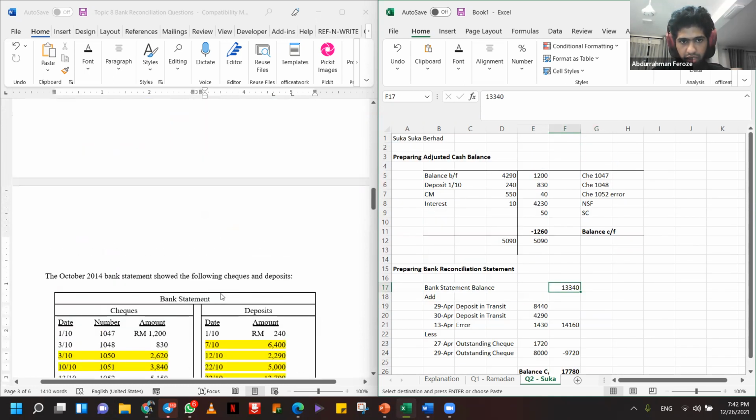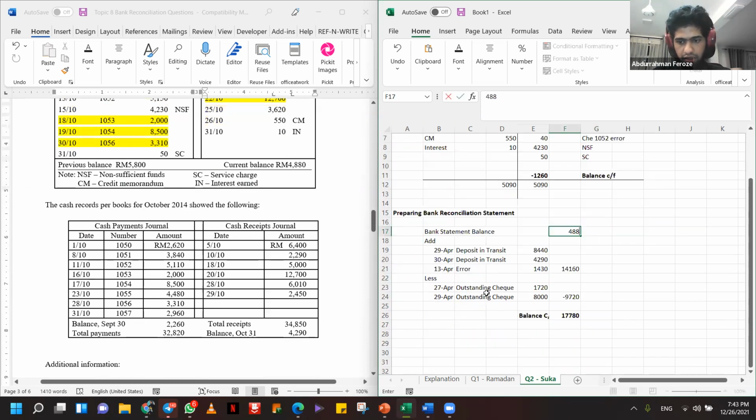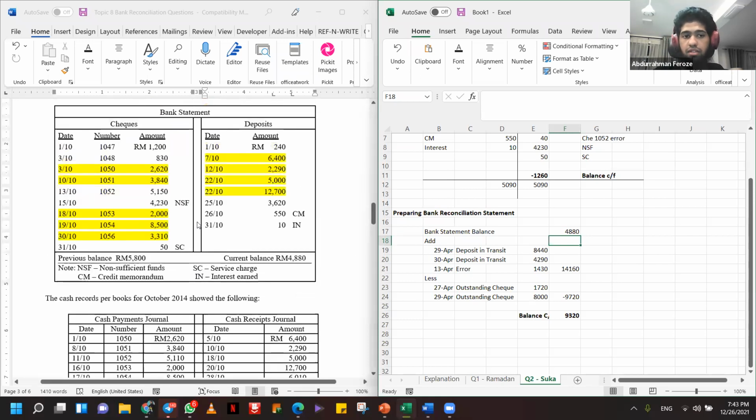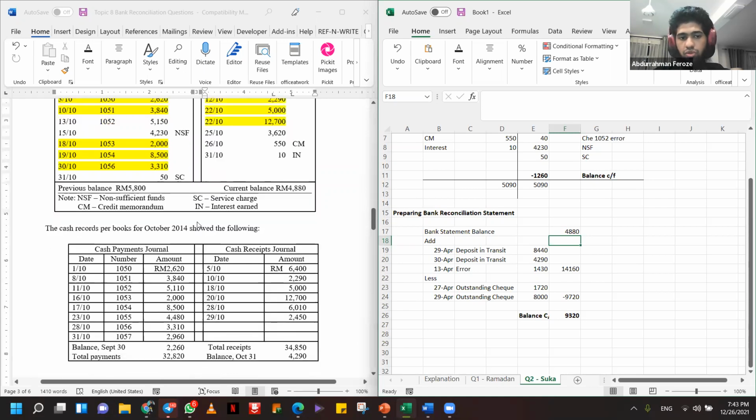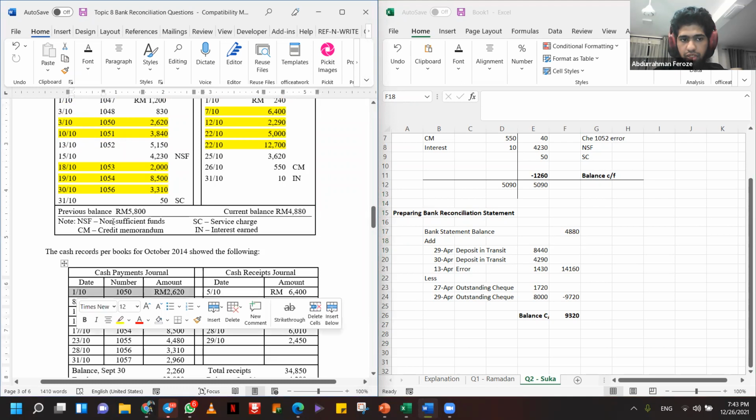So for bank reconciliation, like I said, you have to look at what is there on the cash book but not on the bank statement, right? So from the cash payment side, 2,620. This is there on both.